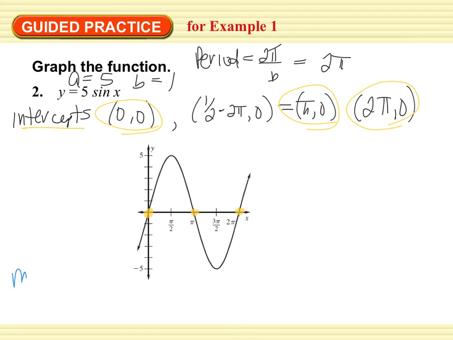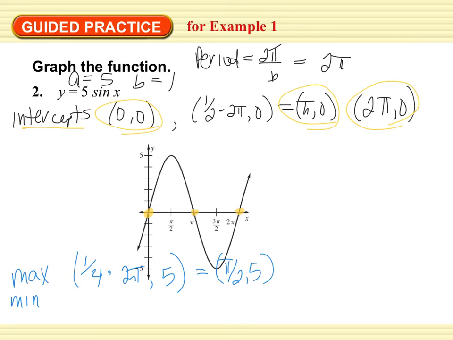Hit our maximum is going to be 1/4 of the way times our amplitude, which is pi/2, 5, and then our minimum.